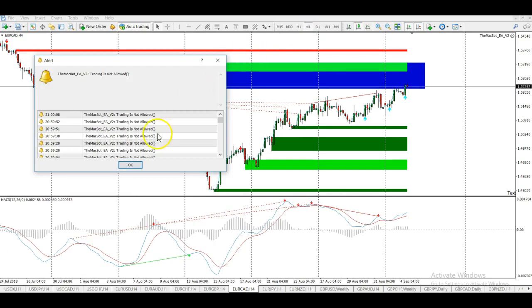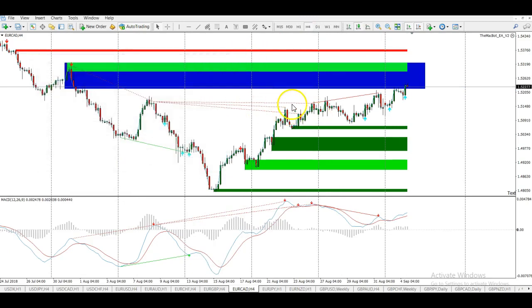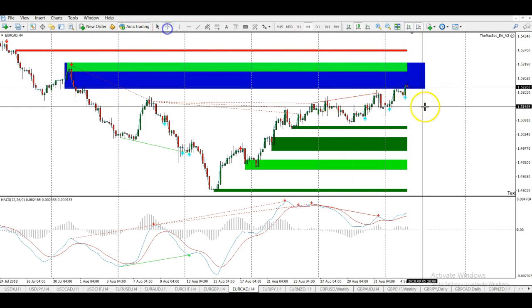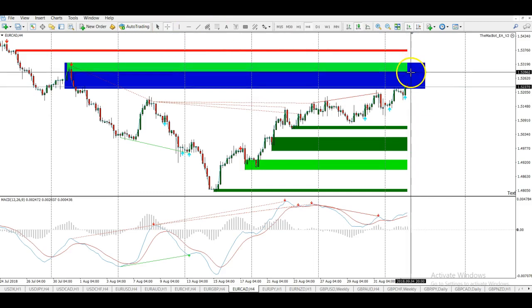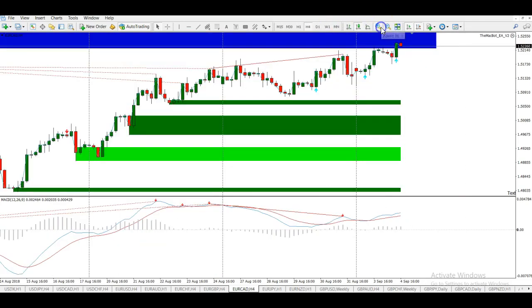So Euro CAD has a daily and a 4-hour within the daily, and it's approaching how many pips? 60 pips. We could have a possible target for this.